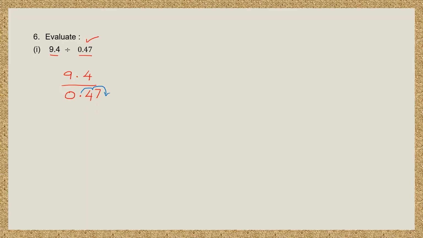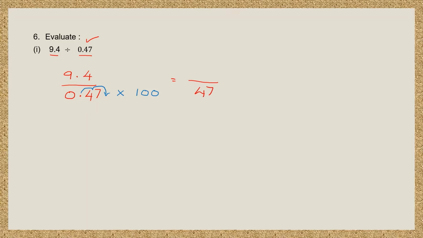Once I move the point, it becomes a whole number. Now how do I make this 47? My point has to move 2 places to the right. And the only way to do it is if I multiply it by 100. If I multiply it by 100, my point can move 2 places to the right, and what I get here will simply be 47.